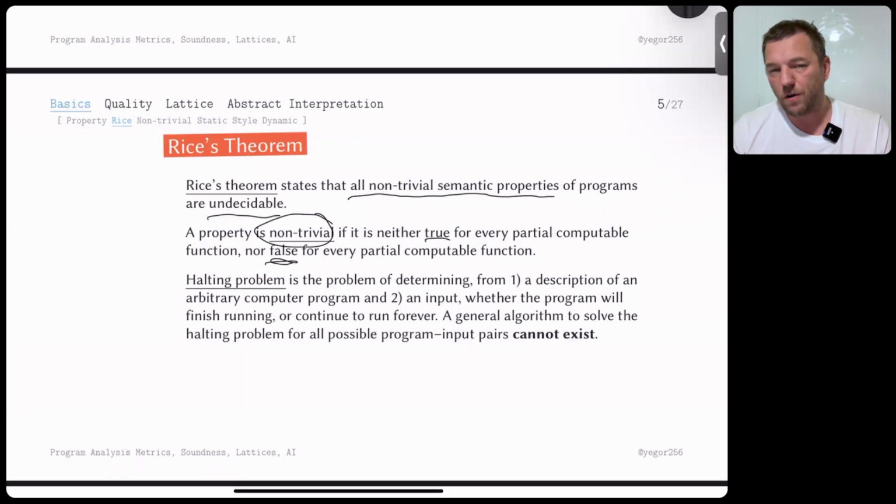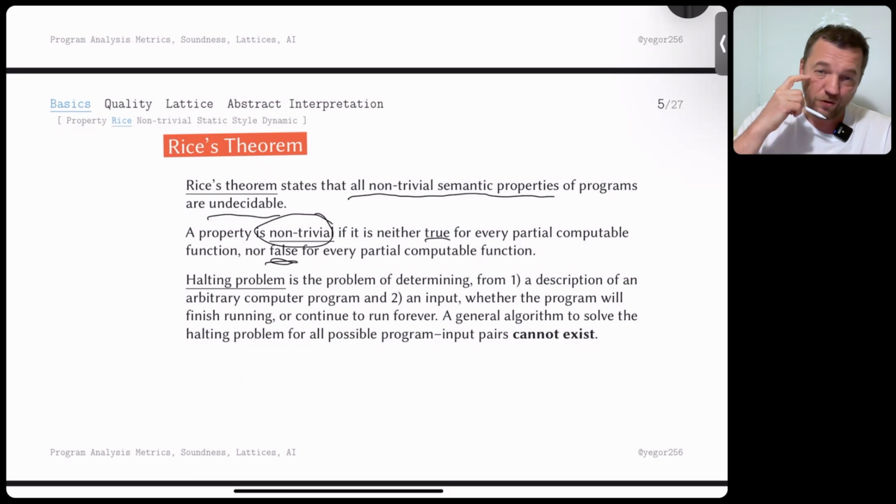No matter what the program is, we definitely know that it will run; even if the program exits immediately, it's still going to take a few microseconds. So this is a trivial property, and on this one you can't prove anything. You can't create a decider, an automated analyzer, which will look at the program and tell you true or false. But if the property is non-trivial, so it could be true, could be false, then it's not decidable.